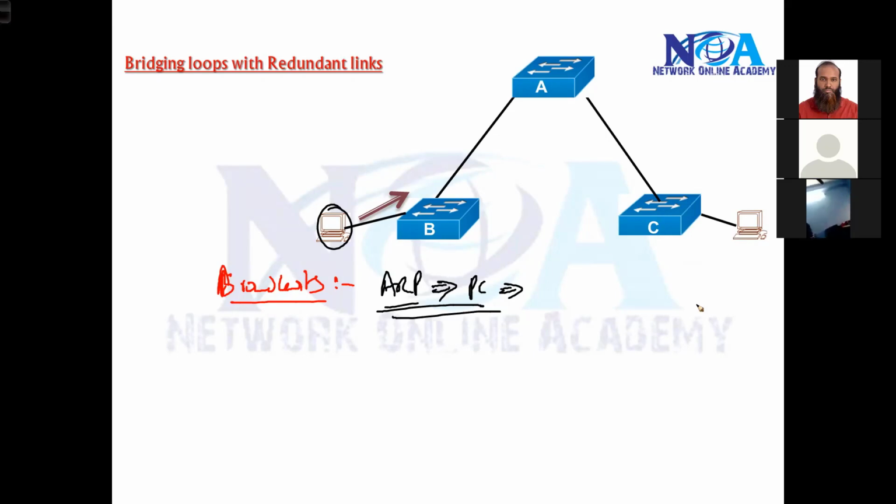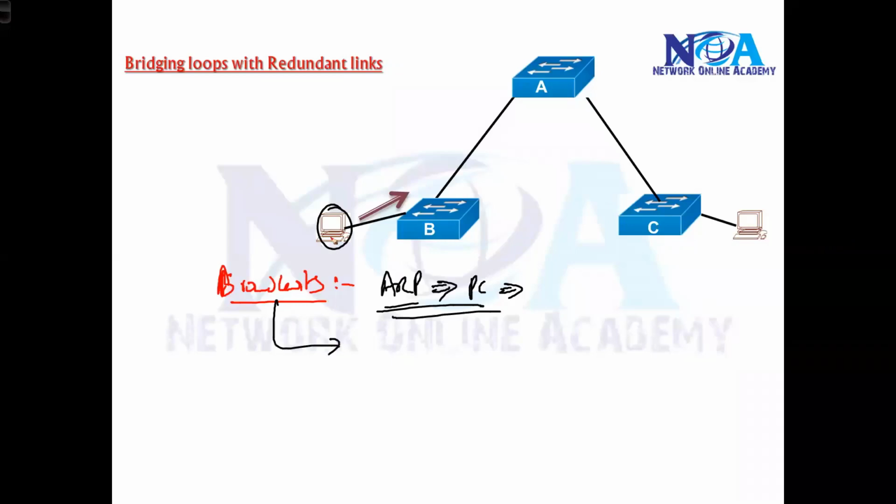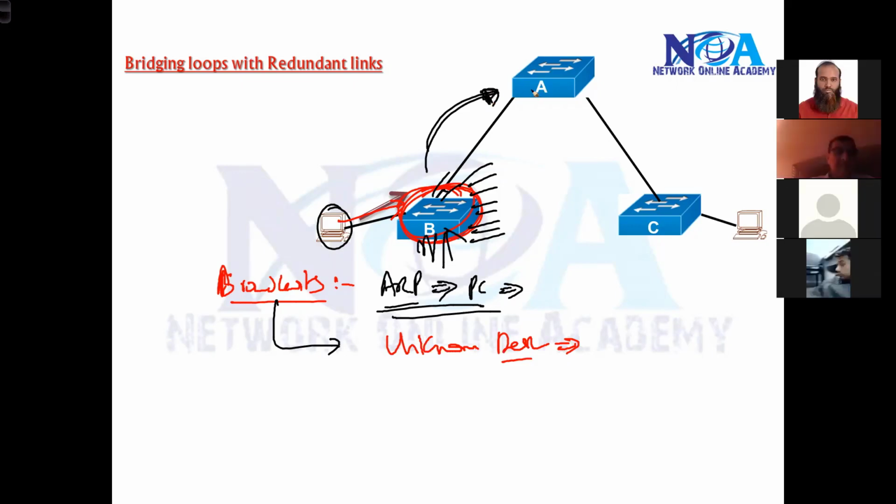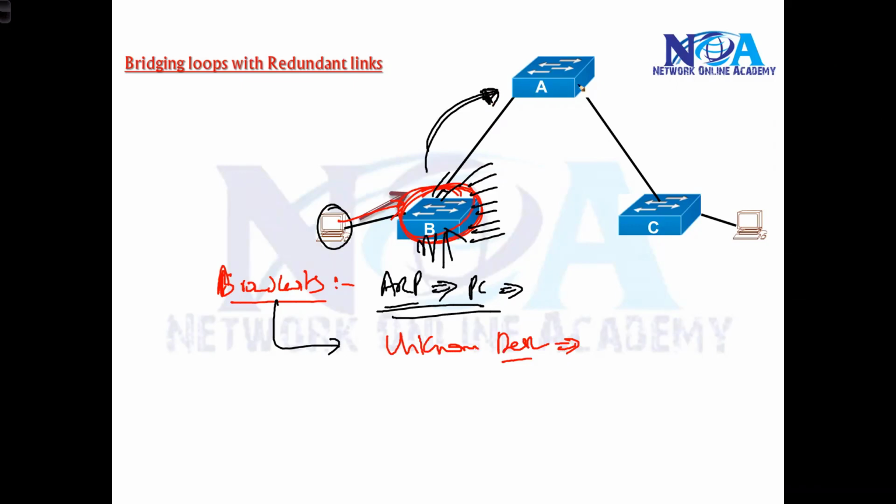Or let's say the packet is sent to the switch and the switch does not have the destination MAC address, an unknown destination MAC address. In that scenario also the switch is going to broadcast, which means it goes out of all the ports. It will go to switch A, and from there to switch C, out of all the ports, but it will not come back again because we don't have redundant links.